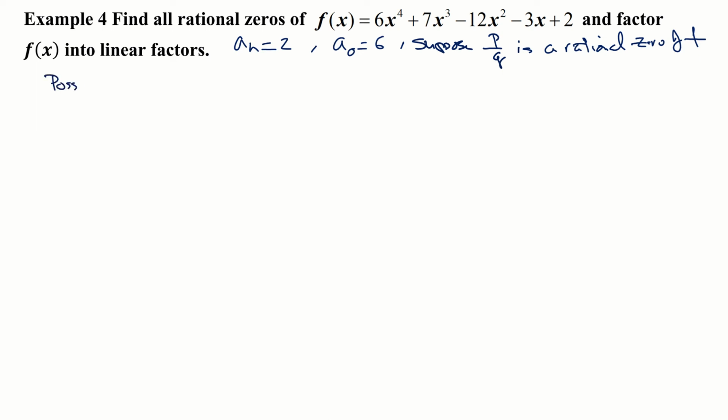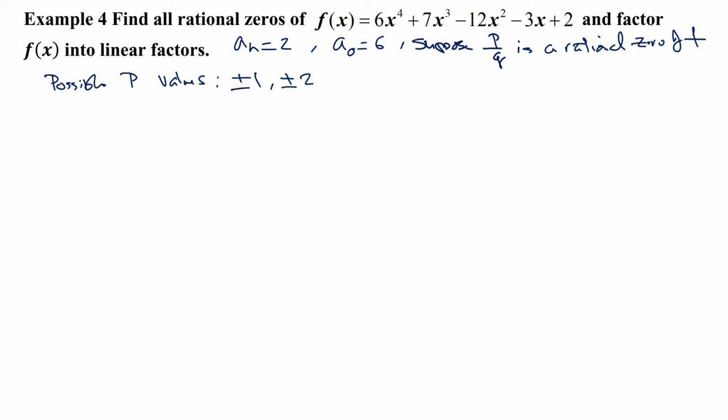Remember that P, the numerator of the fraction that's going to be a rational zero of this polynomial, is going to have to be a factor of the constant term. So the possible P values, what are factors of 2? That's easy, right? Either positive or negative 1, or positive or negative 2.